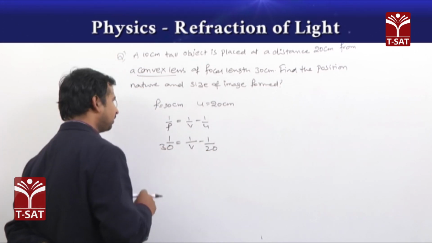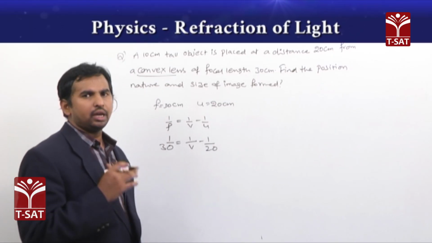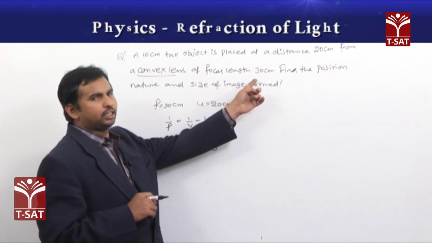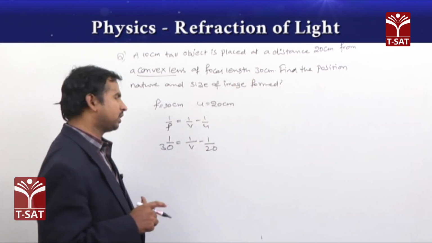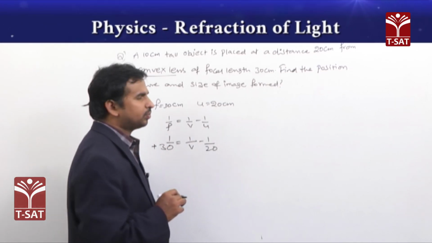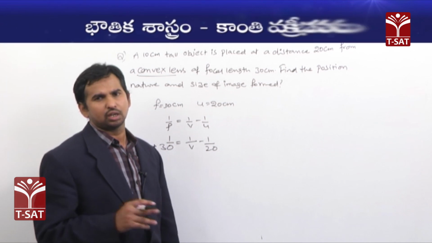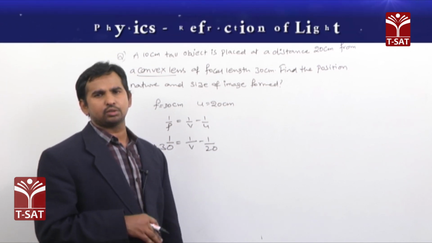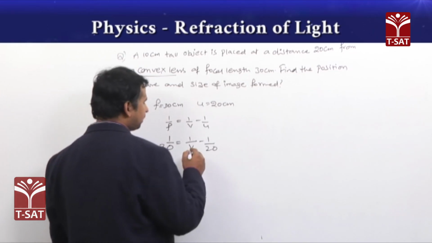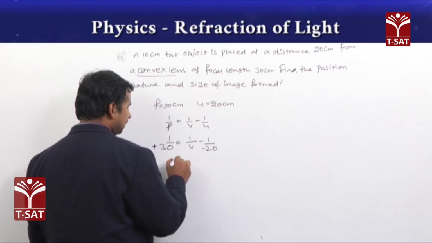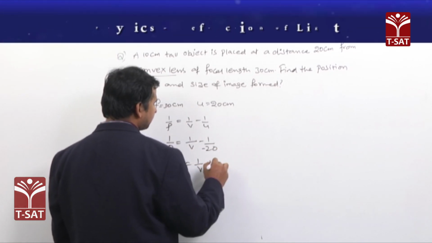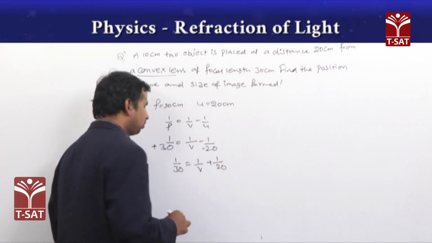If we apply the sign convention according to the rules, the focal length of 30 centimeters, for a convex lens, is positive. Whereas the object distance is measured against the incident light ray direction, so the sign convention for object distance is minus. Then 1 by 30 is equal to 1 by v minus of minus, which becomes plus 1 by 20.